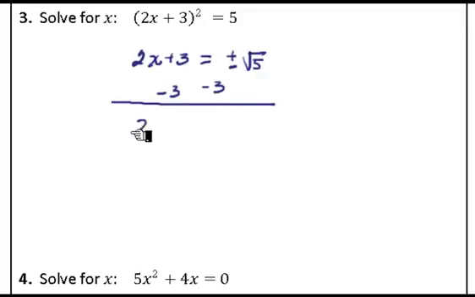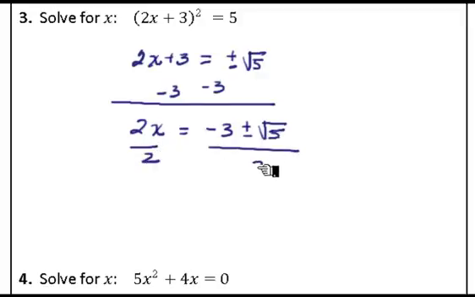So we have 2x is equal to minus 3 plus or minus the square root of 5. And now divide by 2. And here are our two solutions, minus 3 plus root 5 over 2 and minus 3 minus root 5 over 2, written in this combined form.